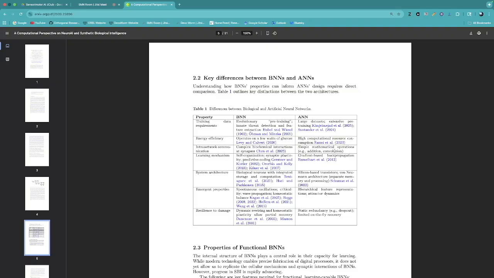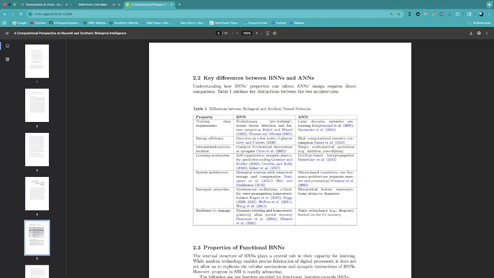So it's a very different architecture. Emergent properties is the next property, and this is where we have, in biological neural networks, spontaneous oscillations, criticality, wave propagation, and homeostatic balance. And then in artificial neural networks, hierarchical feature representations and attractor dynamics.